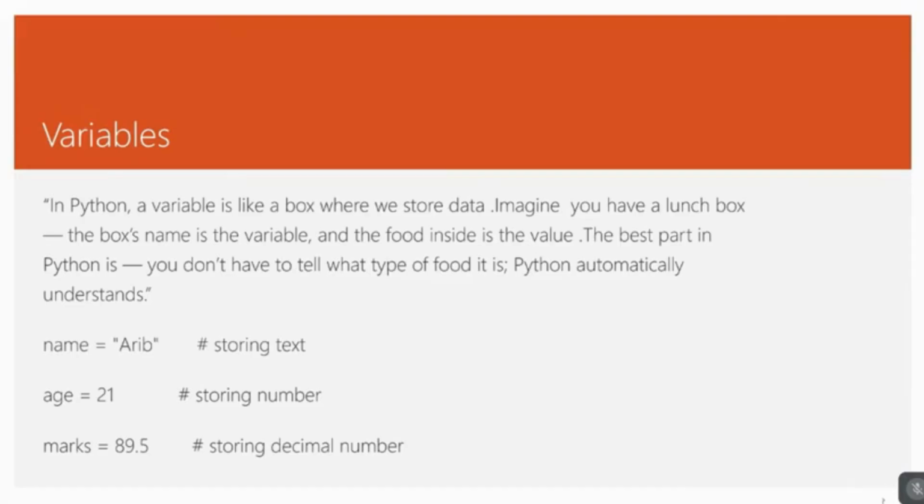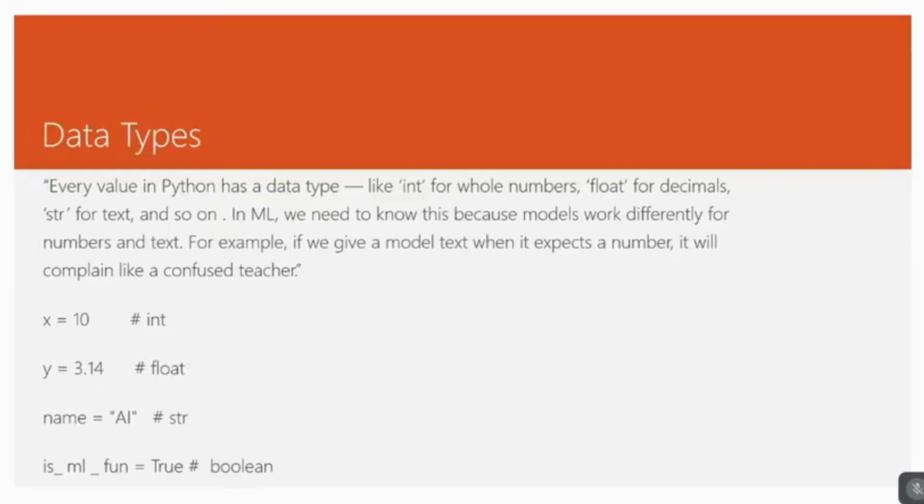Let's go for the next. Next is data types. Every value in Python has a data type, like int for whole numbers, float for decimal numbers, and string for text, and so on. In machine learning, we need to know this because models work differently with numbers and text.